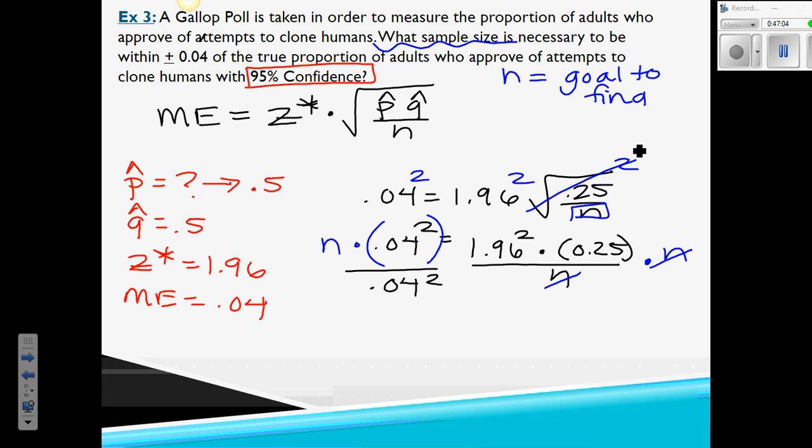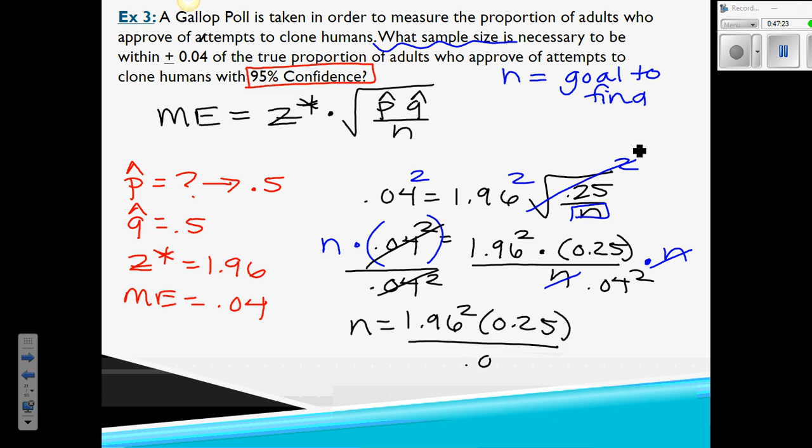So what is almost happening here with the n and the 0.04? They're like switching. So now n is alone on one side, and I got 1.96 squared times 0.25, all divided by 0.04 squared. You guys agree with that?